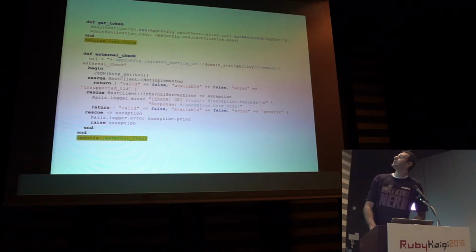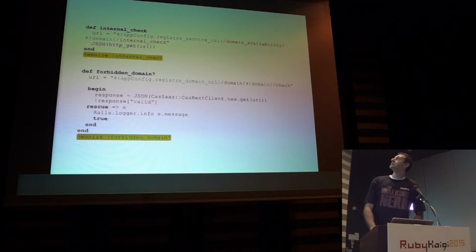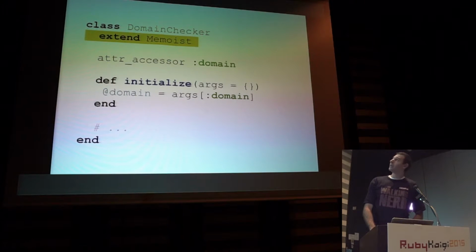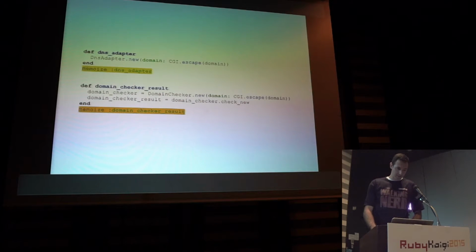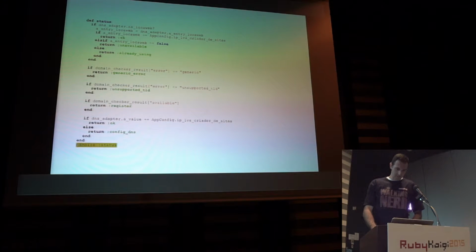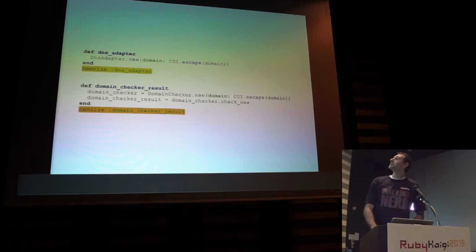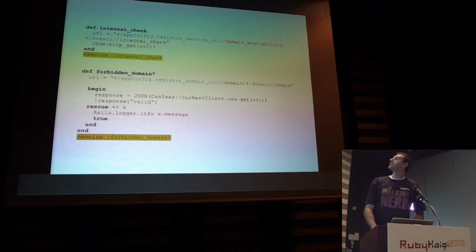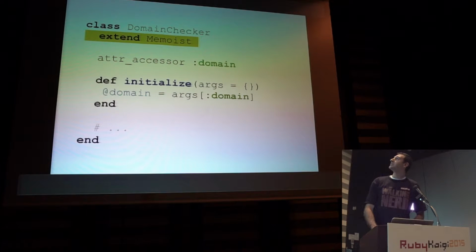get_token, external_check, internal_check, forbidden_domain. So all these I didn't count. Let's count. 1, 2, 3, 4, 5, 6, 7. Yeah, 7 methods.